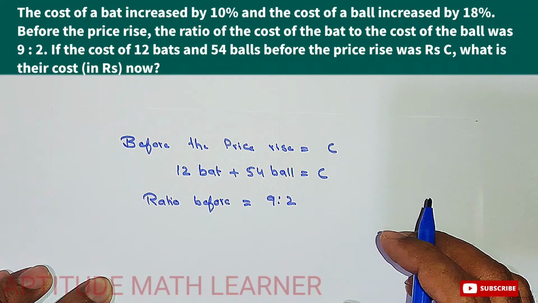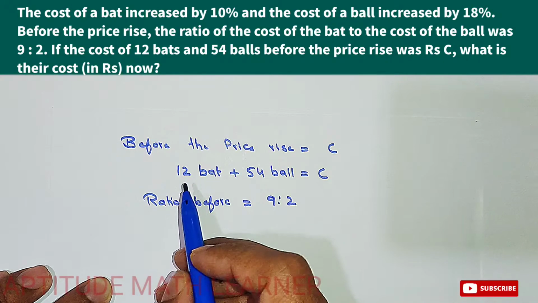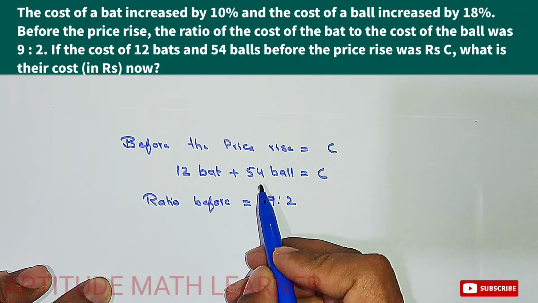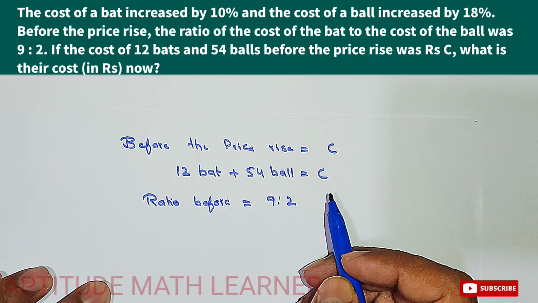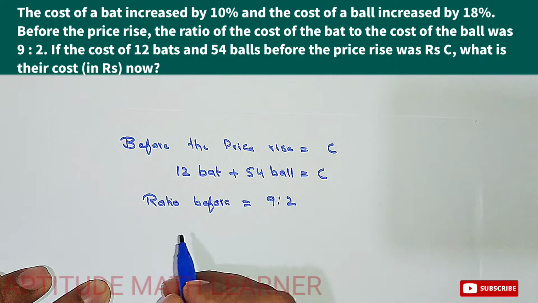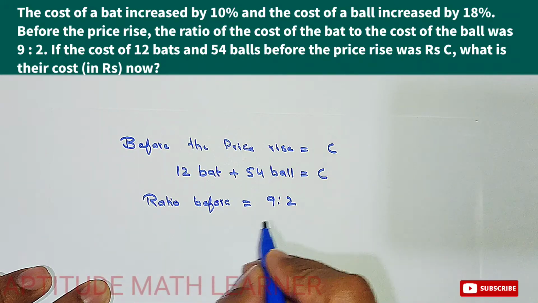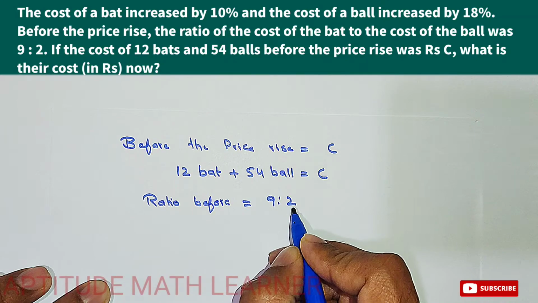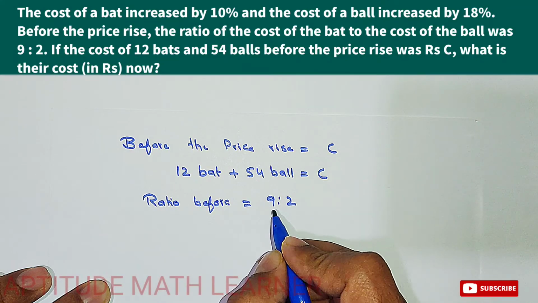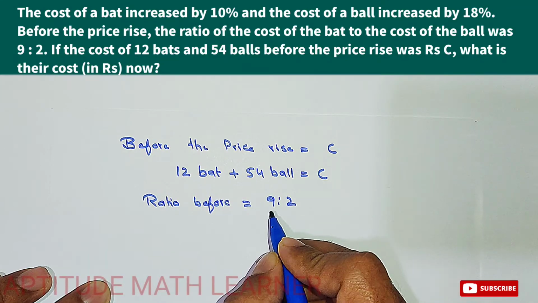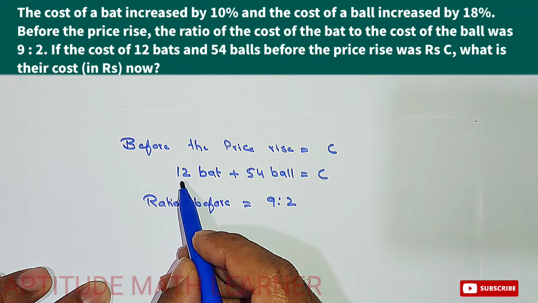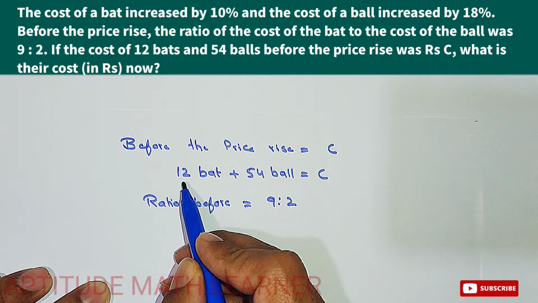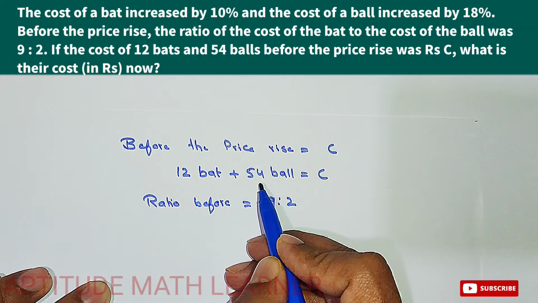Now we are having 12 bats and 54 balls. So what will be the overall price? Here we take this ratio 9:2. This is only for one bat and this is only for one ball. So we have to find out the overall cost of 12 bats and 54 balls.